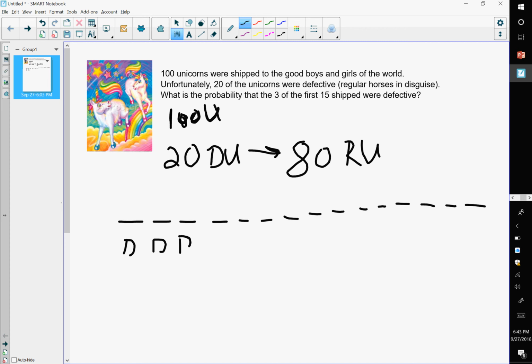Now, they don't have to be the first 3. I'm just making it easier for us to visualize. So in this order of 15 unicorns, we want to see what's the probability of 3 of them being defective.